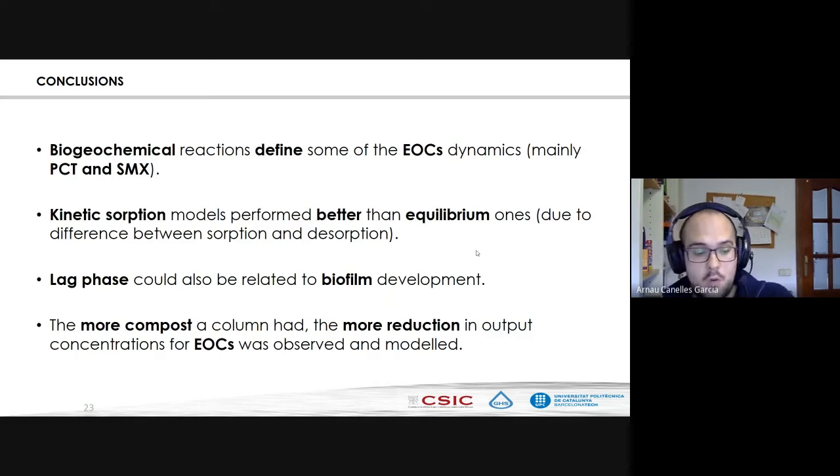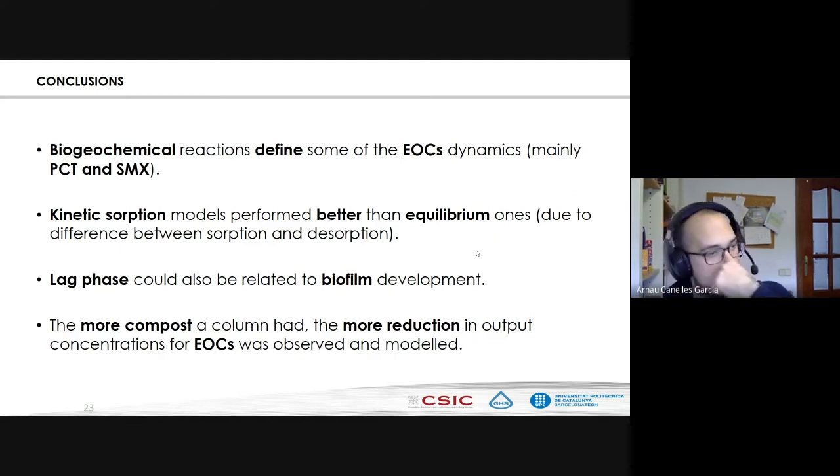And it was also seen that if we add more compost to these columns, we had more reduction of these EOCs at the outflow. This reduction depends on both sorption and degradation. But the problem is that this reduction is dependent on the compost, on the increased population of bacteria and biofilm, and we are not entirely sure on that.